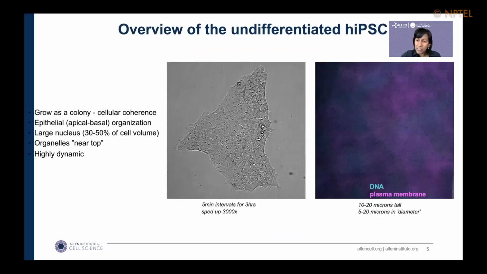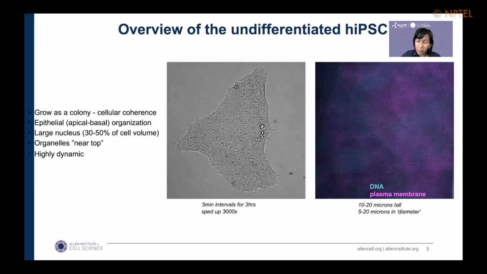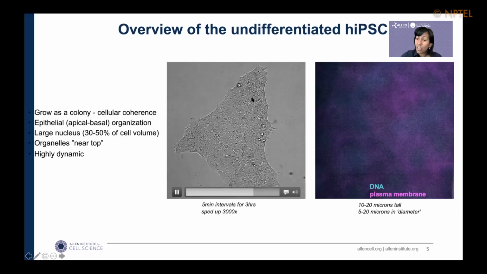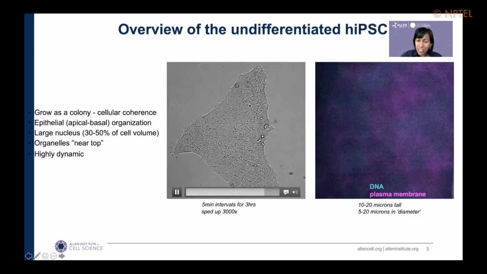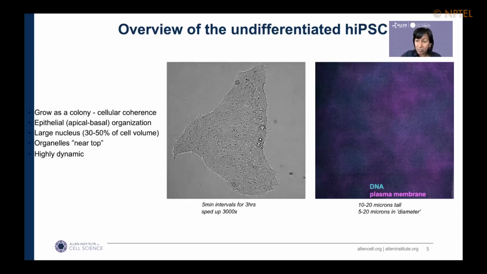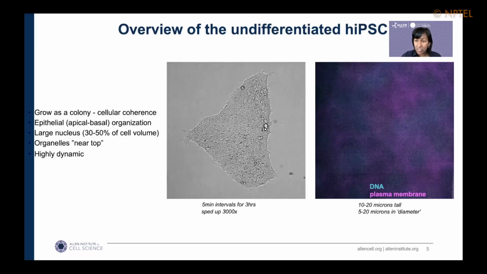So first I want to show you what these stem cells look like if we look under the microscope. So they grow as a colony here on the left. So this is a colony where there are probably hundreds of iPSC cells. They're dividing, they're moving, they're grown on a substrate called Matrigel, which contains many, many proteins that the cells attach to.